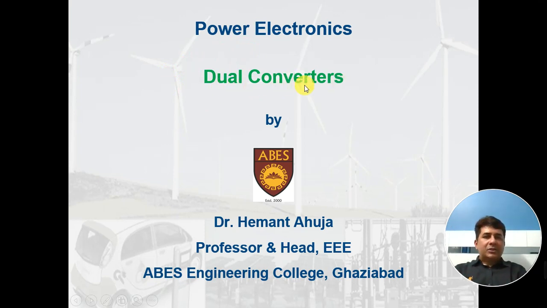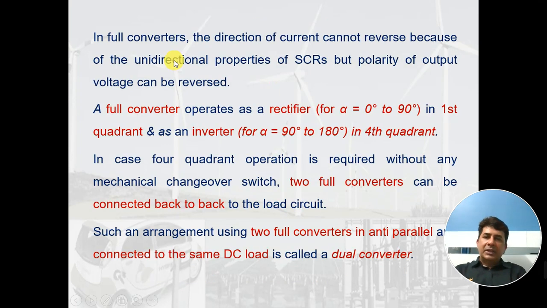To understand this, let us first recall what a full converter is. A full converter is supposed to give you the DC output. The DC output that we get through a full converter for an R load is 2 Vm by pi cos alpha. Try to recall that formula, 2 Vm by pi cos alpha.